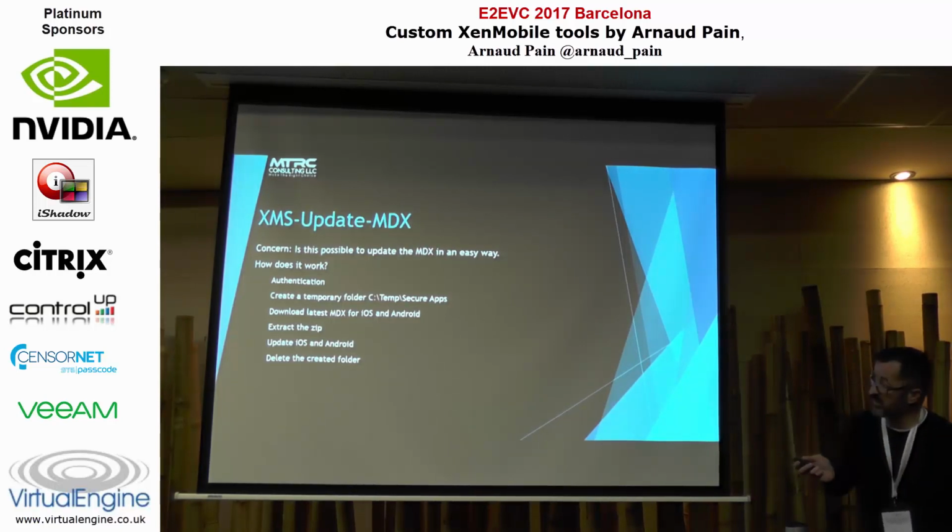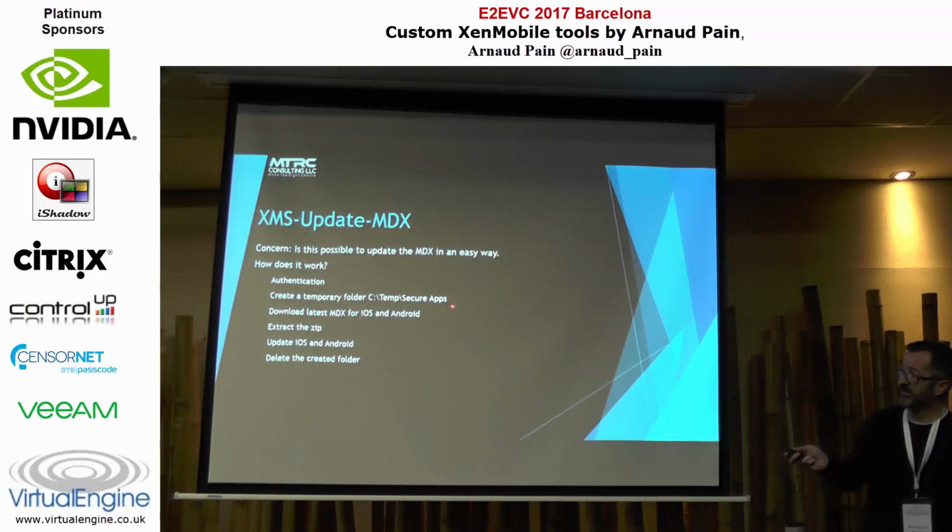So this one, how it works, same thing, authentication. After that I need to create a temporary folder on the session. Then I download the latest MDX for iOS and Android. For now it's only for iOS and Android because most of my customers work with only those two platforms. Those MDX source files are downloaded from my blog on port 80, because if I want to download them from the Citrix website, authentication is required.